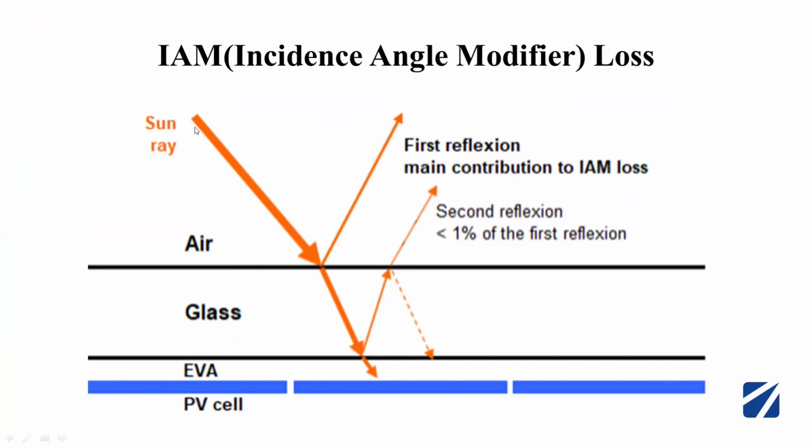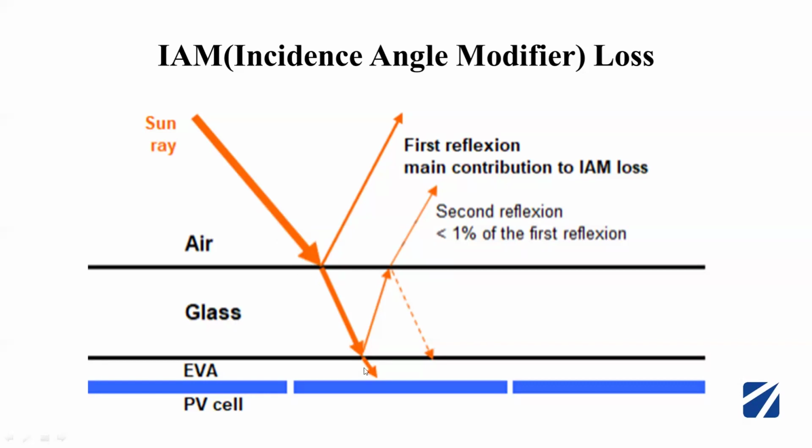Whenever the sun radiation comes onto the PV module, it comes from air, touches the glass, and then some gets reflected and some gets absorbed. When it finally reaches the PV cell, after going through the glass surface and then the EVA sheet, this angle won't be the same.